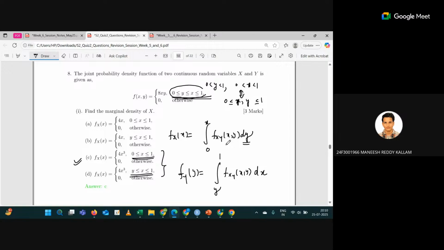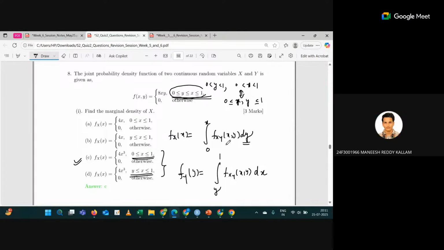I'm not saying the limits after solving everything. Like over here, for f of x it's from 0 to 1. Like that, I'm asking for f of y. What would be the limits at the end? Tell me, what should I write?